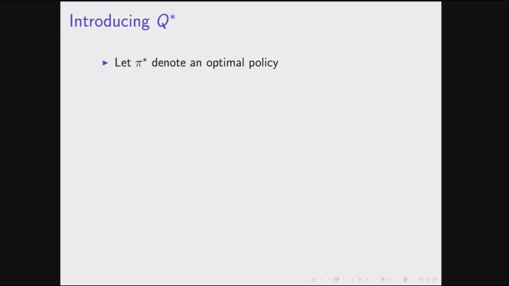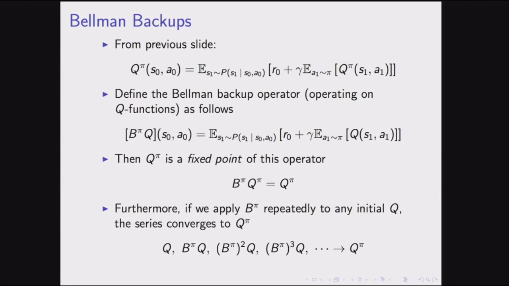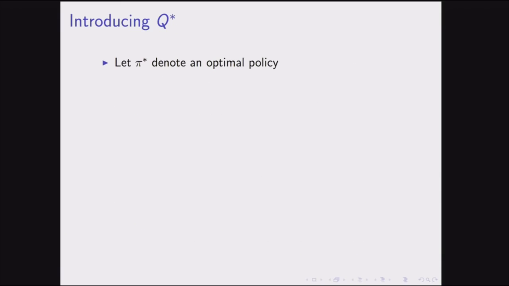Now there's another kind of Q function that we're going to introduce called Q star. The previous Q function, Q^π, is telling you the value function under some policy π, so it only makes sense with regard to some particular fixed policy π. Q star is going to involve the optimal policy instead.